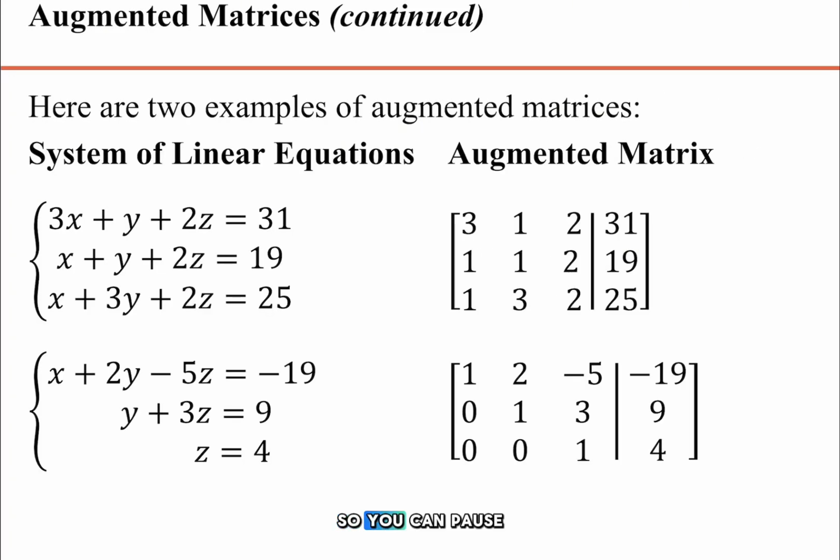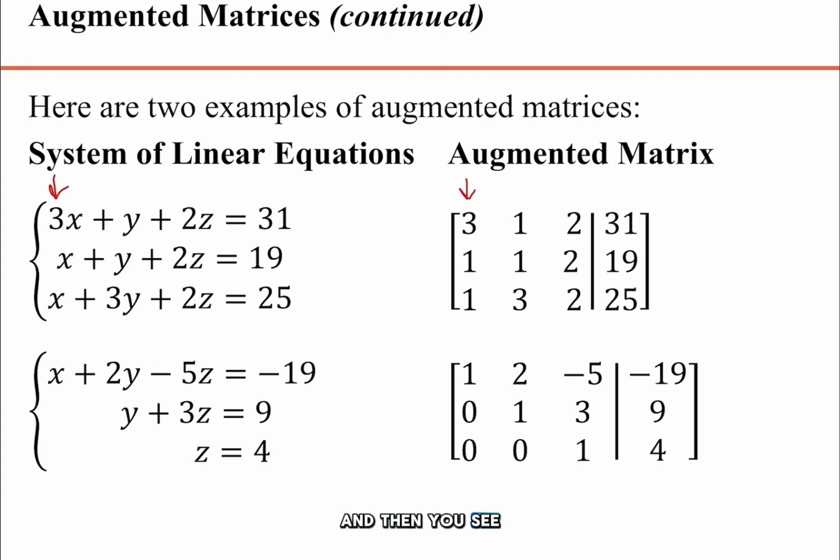So you can pause the video and take notes and then look and see what this looks like. If you notice, you have a 3 here, so the 3 goes here. And if you don't have a number in front of a variable, then it's a 1 inside the matrix.